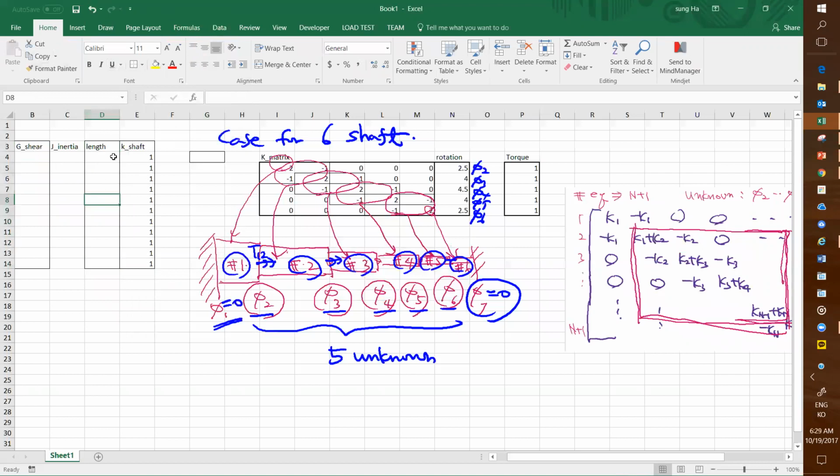And K stiffness is simply G shear times J inertia divided by length. So if you give any numbers, you can see that each K stiffness will be automatically calculated.